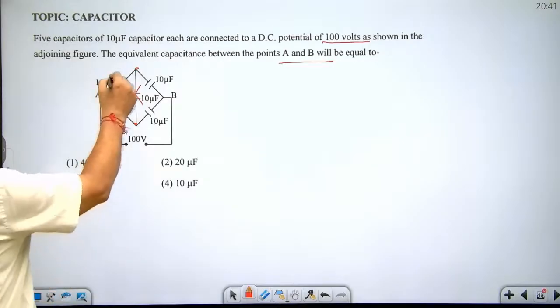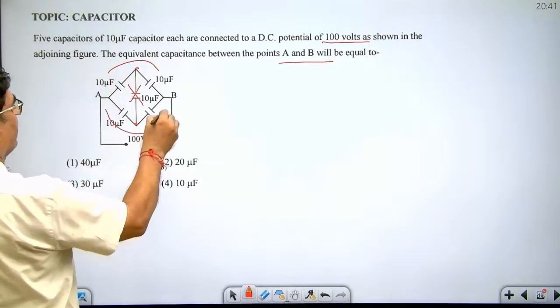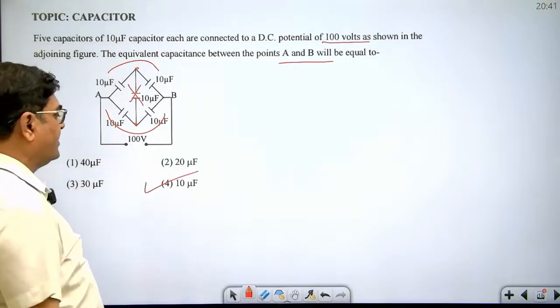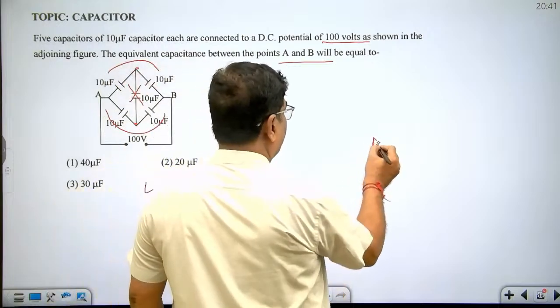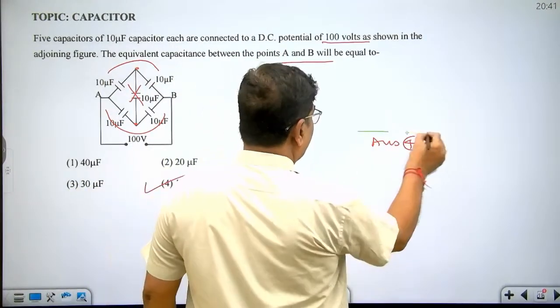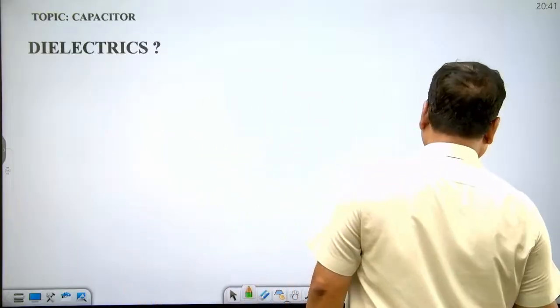So this 10 and 10 are in series, this 10 and 10 are also in series. So 10 and 10 equivalent means 5 microfarad, 10 and 10 equivalent means again 5 microfarad. 5 microfarad and 5 microfarad are connected in parallel. So it will become 10 microfarad. So dear student, the answer to the question is option 4.